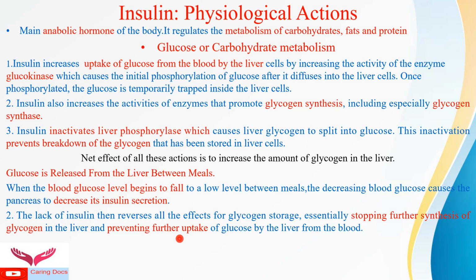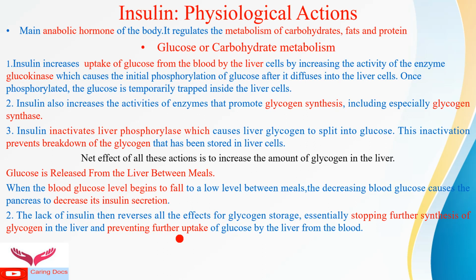Insulin increases the uptake of glucose from the blood by the liver cells by increasing the activity of the enzyme glucokinase, which causes initial phosphorylation of the glucose after it diffuses into the liver cells. Once the glucose enters the liver cells, it gets phosphorylated, and this glucose is temporarily trapped inside the liver cells. So it increases the uptake of glucose by the liver cells by activating the enzyme glucokinase.